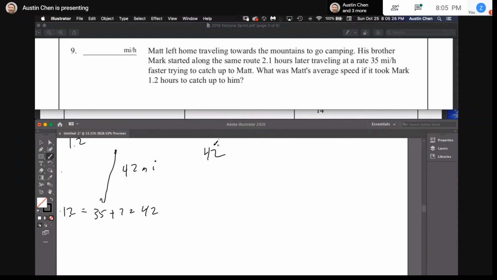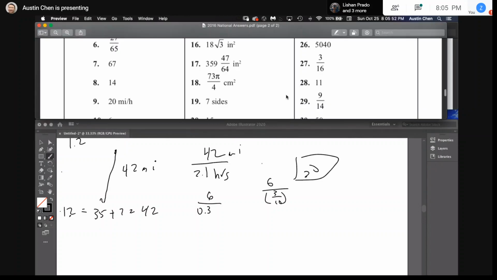Okay, so that means Matt's average speed is 42 miles over 2.1 hours. All right, so what's that? You can take a 7 out of both of them. So then you have 6 over 0.3. So then it's just 6 over 3/10, which is just 20. So Matt's average speed is 20 miles per hour, which is the answer.